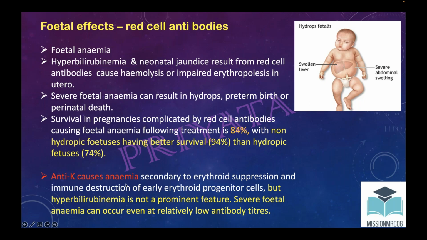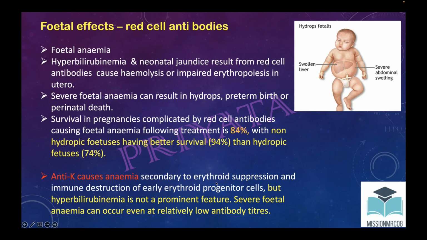Now, anti-K antibody, like all other antibodies, causes an antigen-antibody reaction leading to hemolysis or destruction of the RBC. But anti-K causes anemia in a different manner. It causes anemia secondary to erythroid suppression.